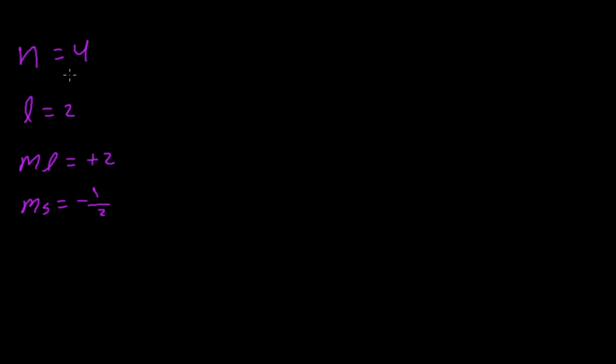What if you have a problem like this? The element in which the last electron takes these four quantum numbers. So first, you are in the fourth energy level because you have n is equal to 4, and L here is equal to 2. That means you have a d sublevel, and you have an ML, or magnetic quantum number, of positive 2.